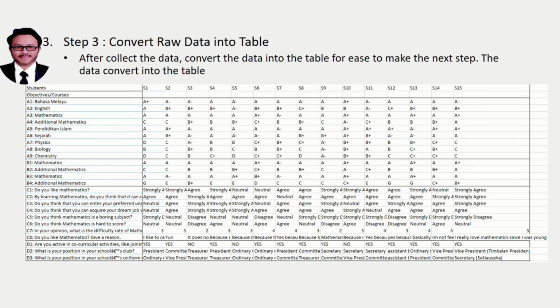The third step for implementation is convert raw data into a table. After collecting the data, convert the data into a table to make the next step easier. This is the raw data of the questionnaire.